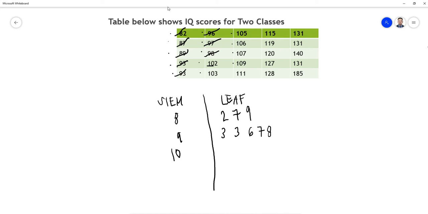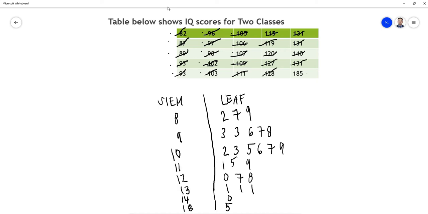We place the 2 for 102 in the leaf column, 103, 105, 106, 107, and 109. And then we will do the rest until we reach 185. Okay, now we have put all the numbers into the stem and leaf plot.